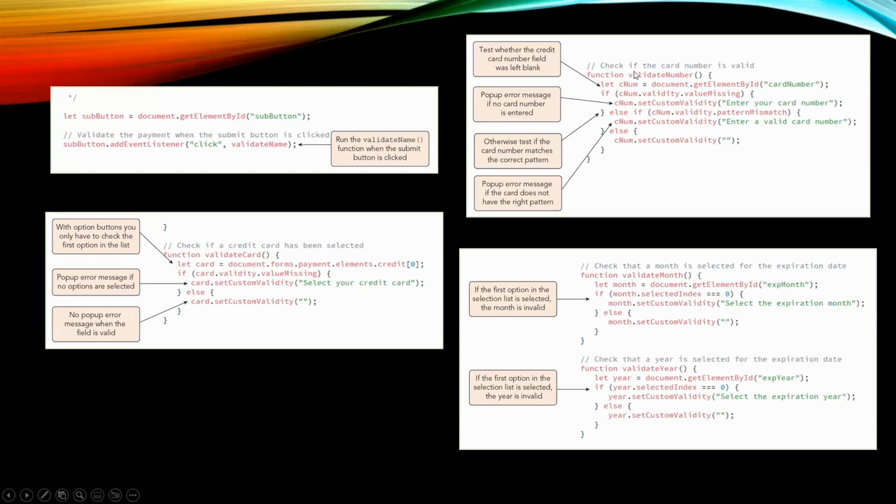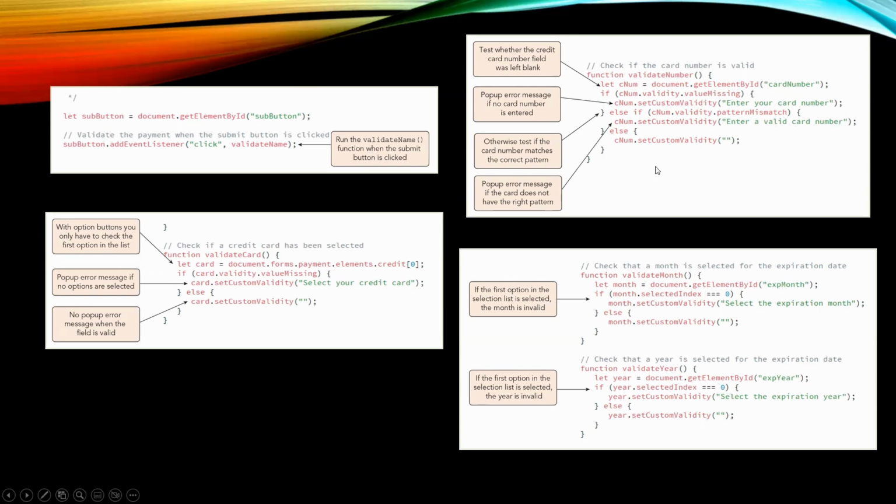Up here, we've got check if the credit card number is valid. What this is going to do is give a pattern matching. Here, I'm going to test whether it's blank. If it's missing, it's going to say to the user, enter your card number. You haven't entered in anything. Otherwise, if there is a pattern mismatch, so a credit card has 16 digits, if my user puts in 4 digits, it is going to be a pattern mismatch and it's going to say enter a valid card number.